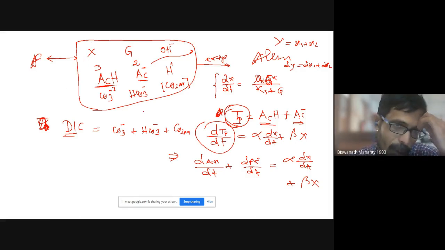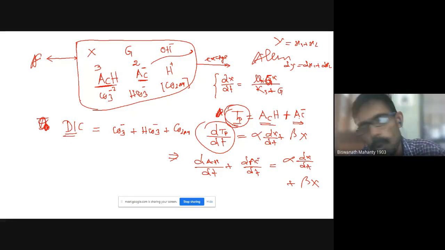Now in this system, is some change happening or not? Maybe carbonate is increasing and bicarbonate is decreasing, or something else is happening, and overall some change is happening. Who is responsible for the overall change?